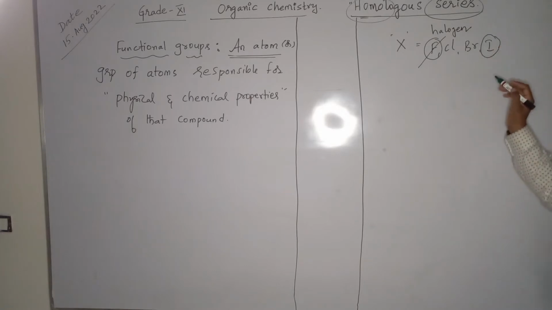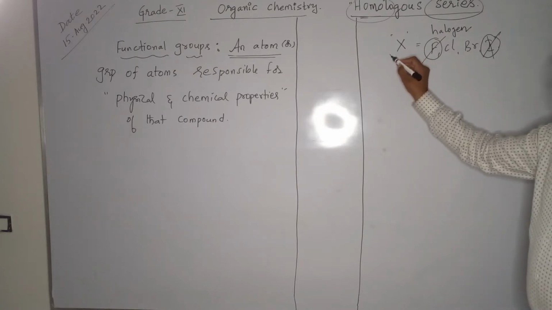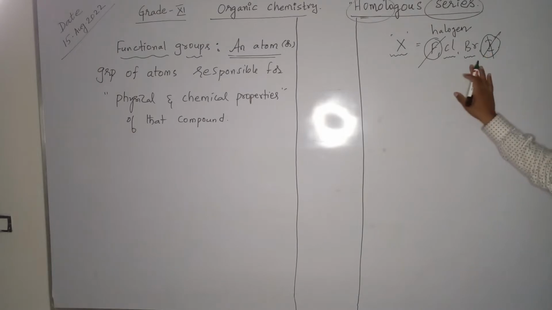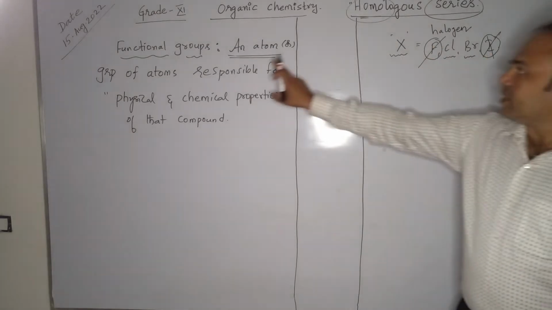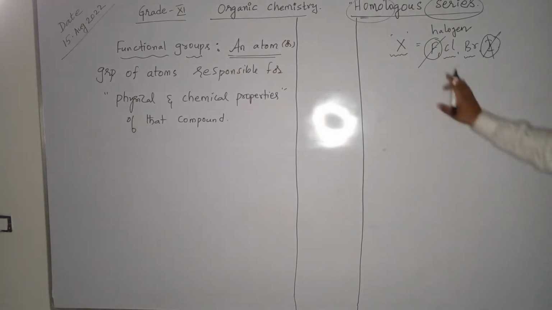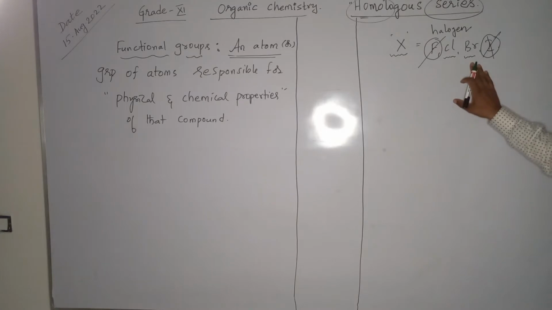Iodine has the largest size and least reactivity, this also you avoid. So whenever you are writing X, take it as chlorine or bromine. In this condition, we can say that you are having an atom. So the atom here we can take as either chlorine or bromine.